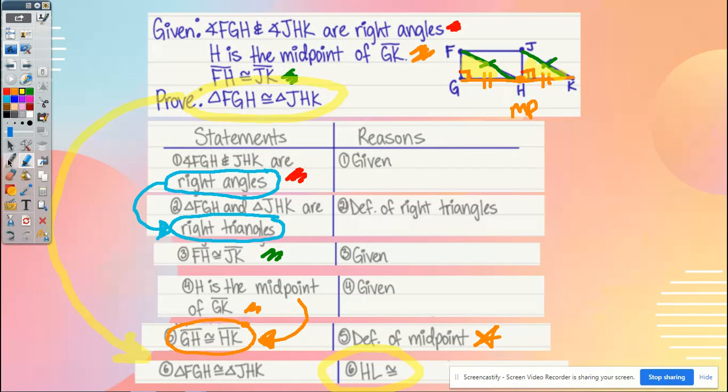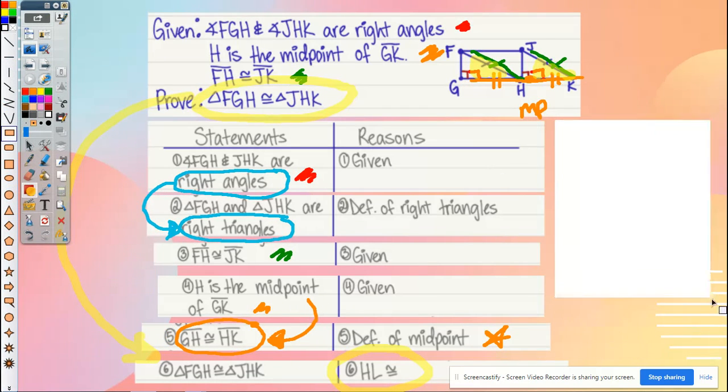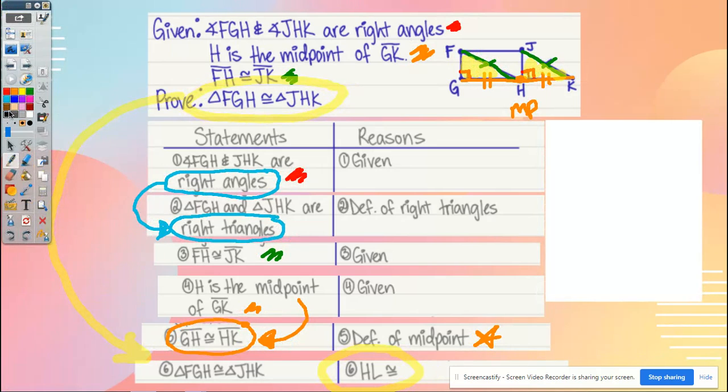So let's see why this makes sense. I'm actually going to draw this a little bigger over here. So you can see here, they both have a right angle. They both have the horizontal line segment as congruent to each other and the hypotenuse congruent to each other.